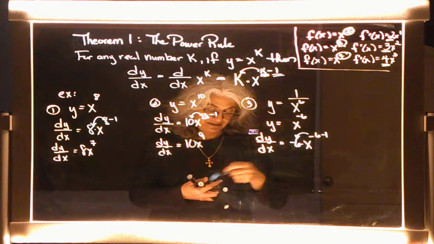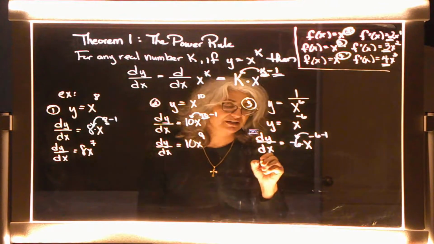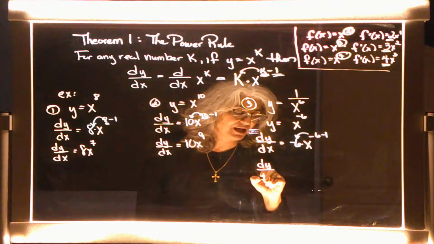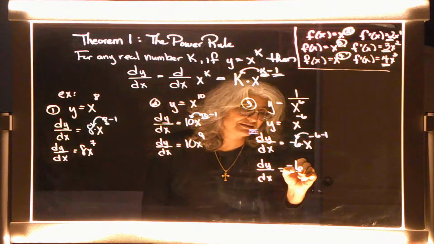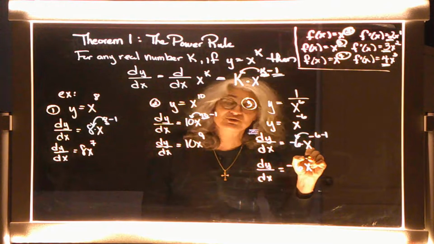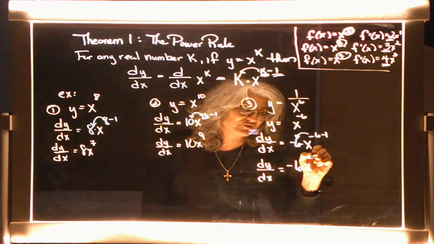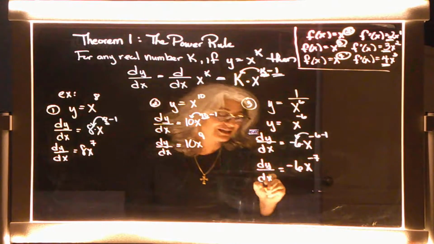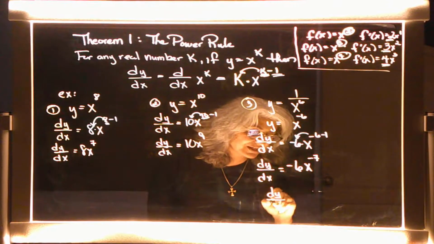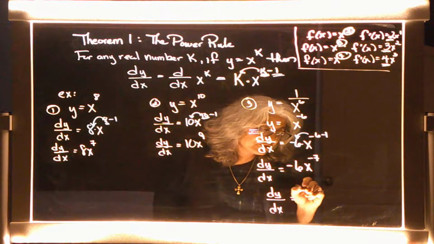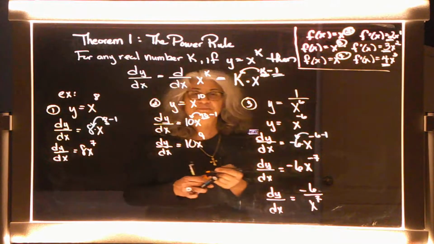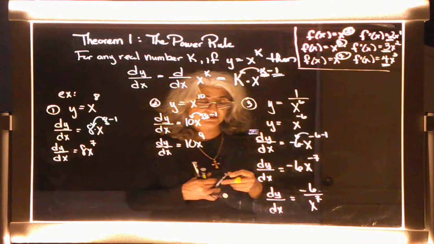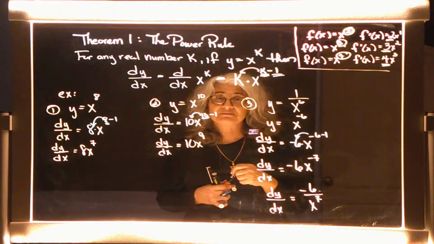Which means, in this particular case, the derivative of y with respect to x is equal to negative 6 times x to the negative 7. And if they don't want a negative exponent, that means you have to remember to bring the x back to the denominator, and the power becomes a positive 7. Cool? Okay.